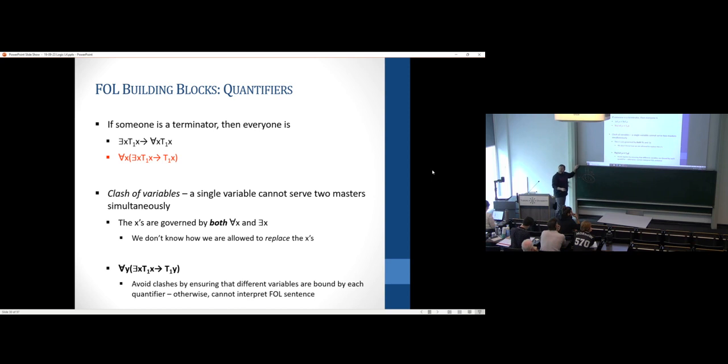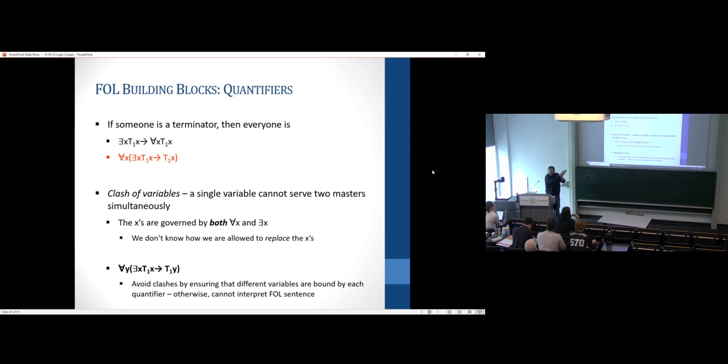Now, the only difference that we made here was we made it clear that the universal is linked up with the variable y. So now as we're reading our sentence and we come across the x, we know that the only quantifier it could be linked up to is the existential. Unlike here, where we didn't know which one it was connected to. And the same thing for the y. There's no confusion because the only instance that the variable y appears is linked up with this quantifier, with the universal quantifier.